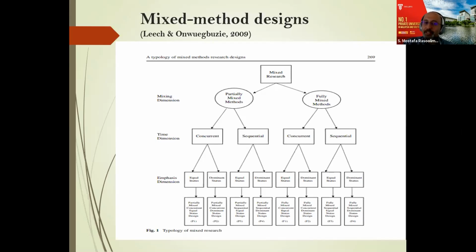And another layer is the emphasis dimension. Which one is dominant? Equivalent, equal status, or dominant status. And for dominant status, we have again two options: qualitative is dominant and quantitative is dominant.